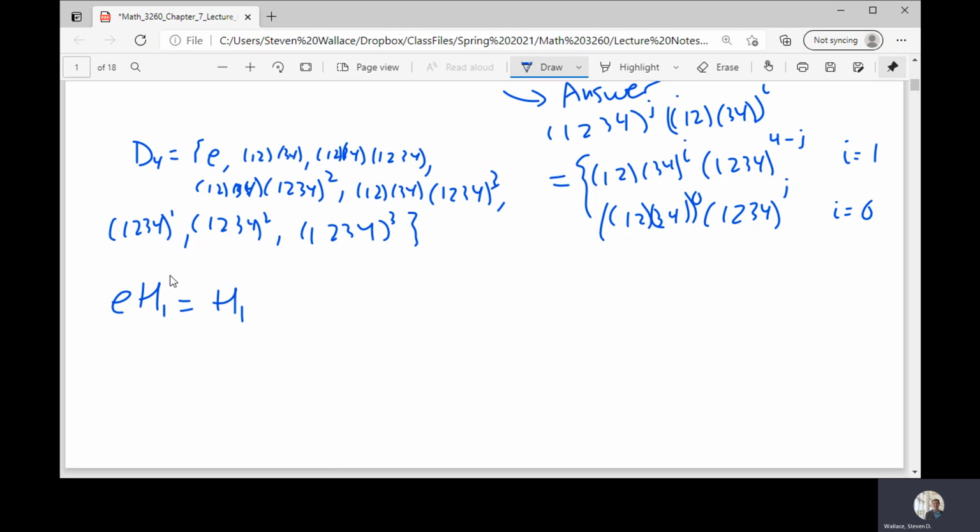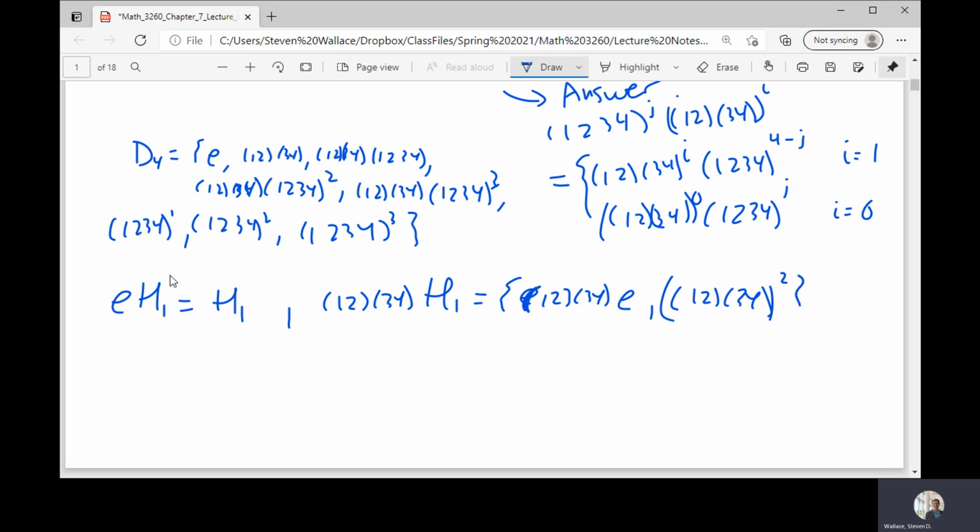Well, that's just H1, right? The rotation times H1 is equal to, we get E, and then the rotation squared. Turns out that this just is H1 again.